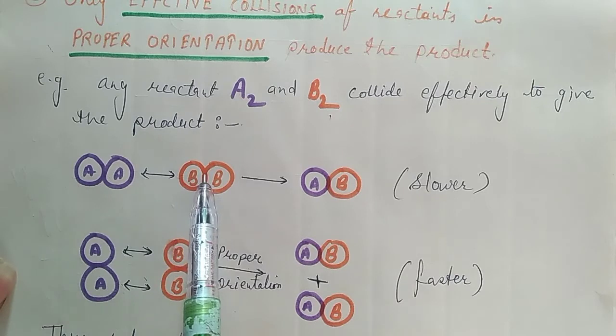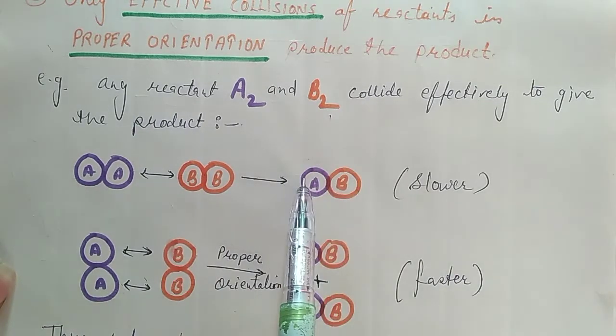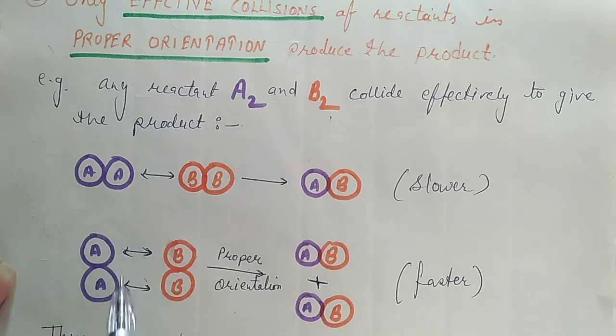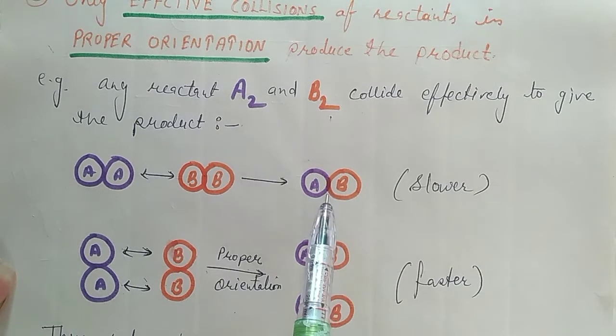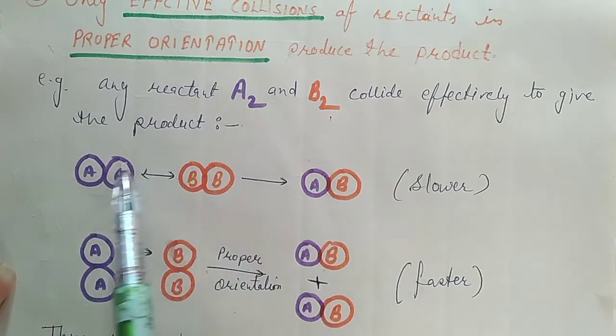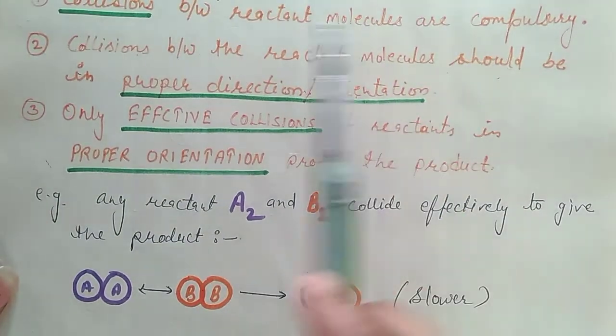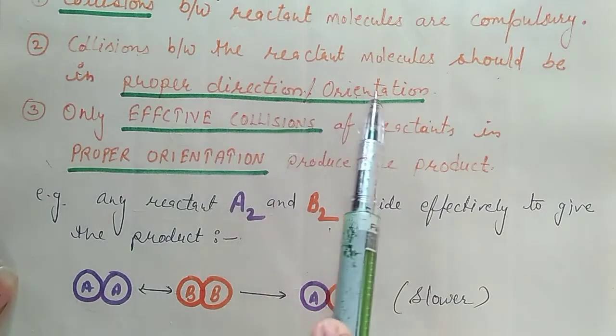Due to this collision, only one AB product will be obtained, while due to this orientation, two molecules, we can say double product, may be obtained. So it is the proper orientation and it is the improper orientation. So collision between the reactant molecules should be in proper orientation.